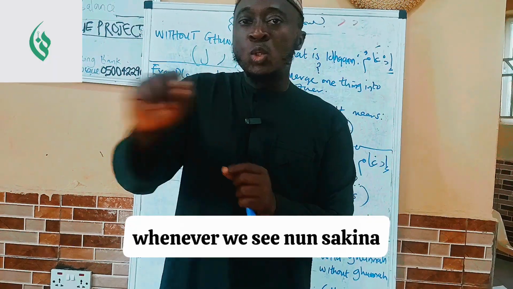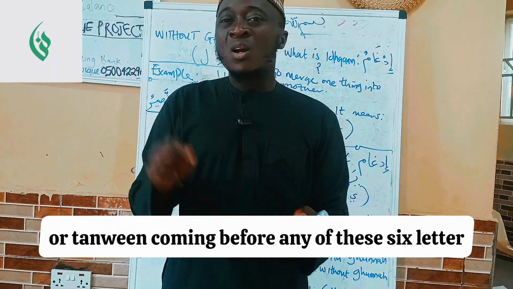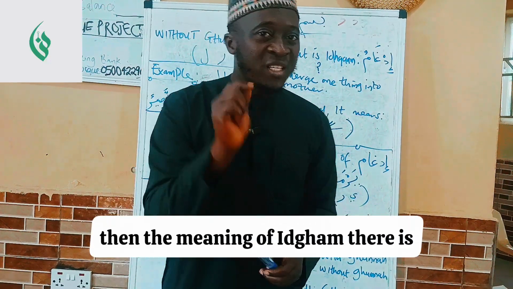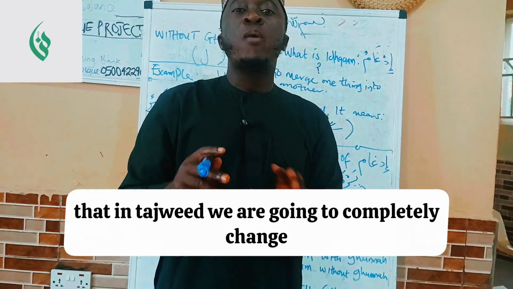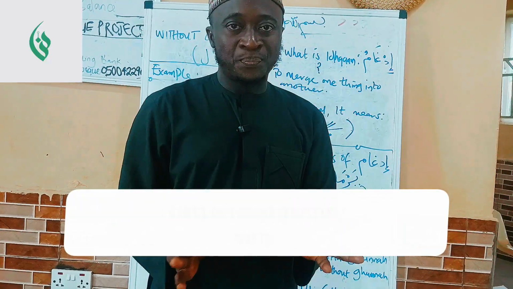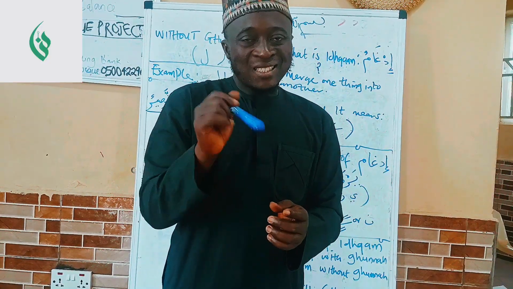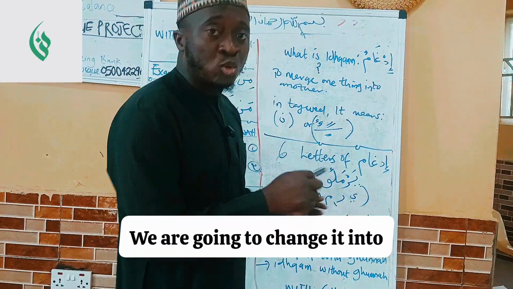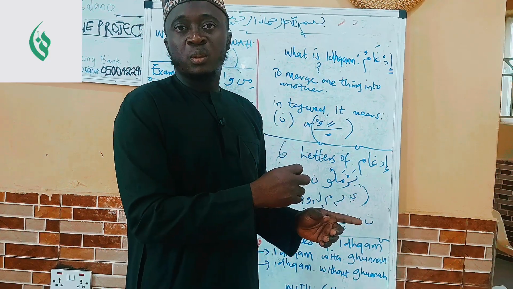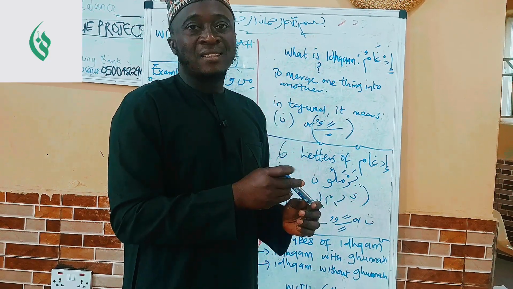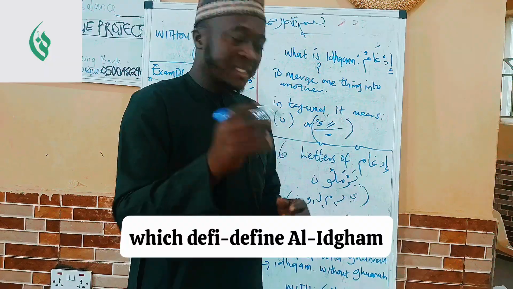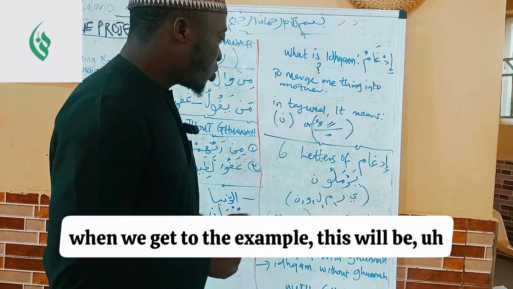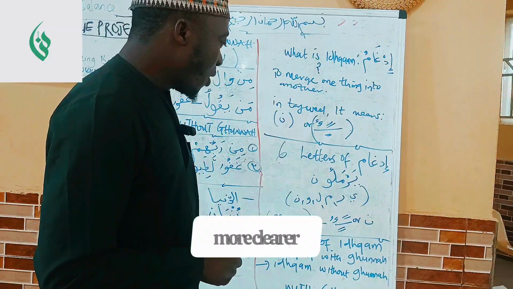Whenever we see Nun Sakinah or Tanween coming before any of these 6 letters, then the meaning of Idghām there is that we are going to completely change that Nun Sakinah or Tanween into the next letter, which defines al-idghām. When we get to the examples, this will be clearer.